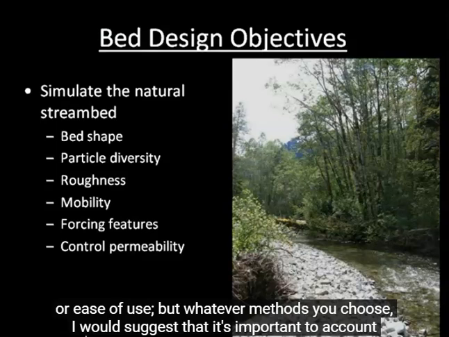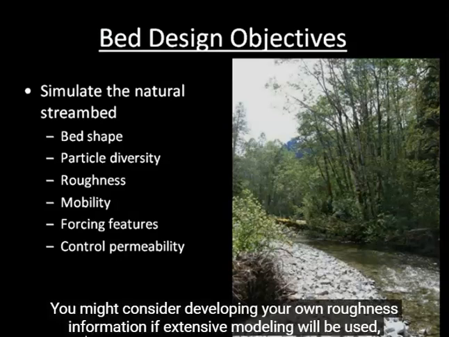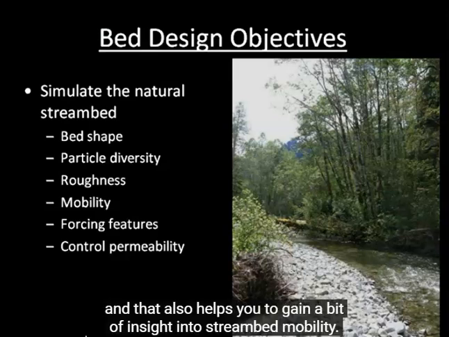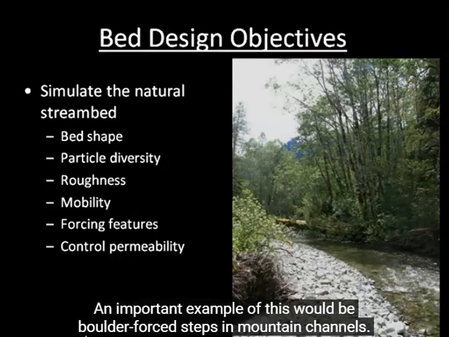But whatever method you choose, I would suggest that it's important to account for bed shape and particle diversity. You might consider developing your own roughness information if extensive modeling will be used, and that also helps you to gain a bit of insight into stream bed mobility. In addition, it helps to note features that force bed morphology. An important example of this would be boulder forced steps in mountain channels.